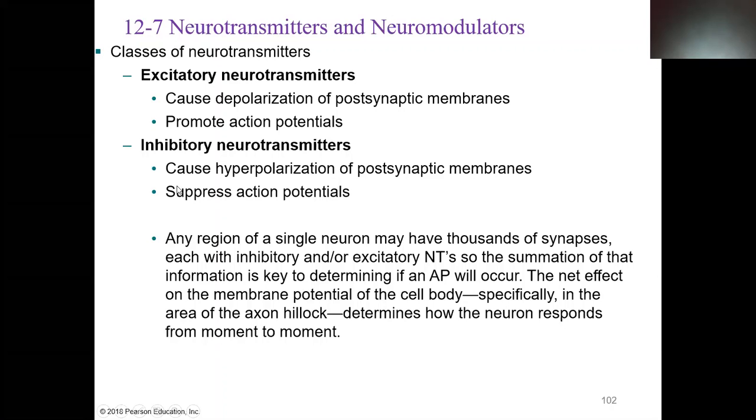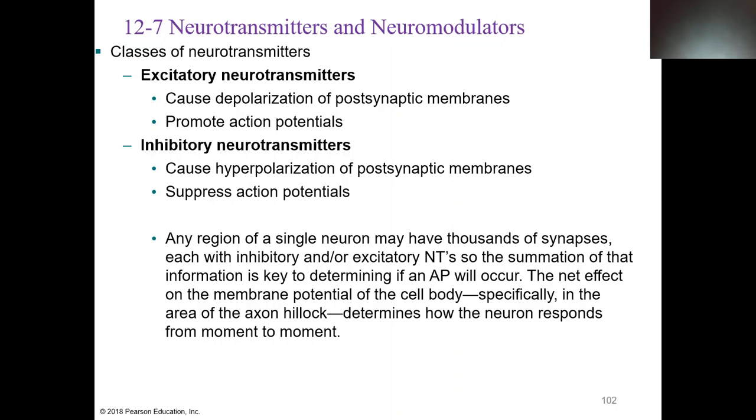Now, there can be tons, as we've seen on some of the pictures that I've showed you. We had a couple of different axon terminals coming into just that one neuron in some of our pictures. There can be tons of neurotransmitters that are received by just one neuron. And even though there may be thousands of neurotransmitters that are received by that one neuron, it's going to be the summation of all of them together.